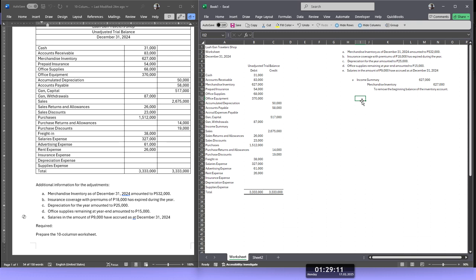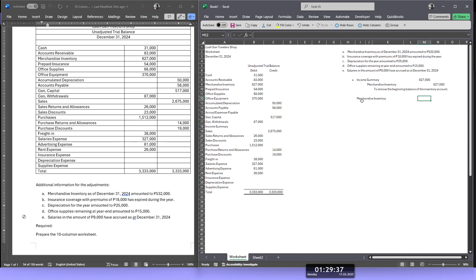set up the ending inventory balance, which is determined from the inventory count, and it was provided in additional information letter A. So the entry is debit merchandise inventory. Again, this is the standard entry to set up the ending balance of the merchandise inventory account.